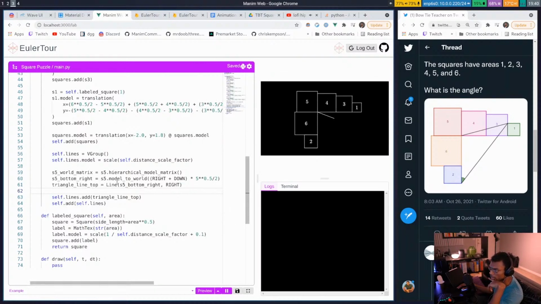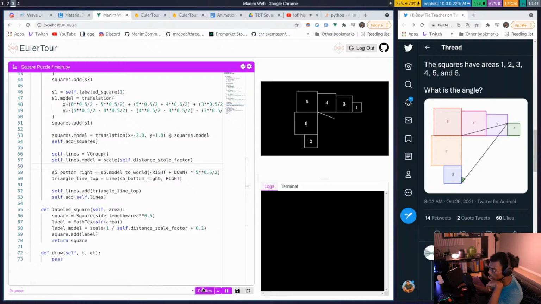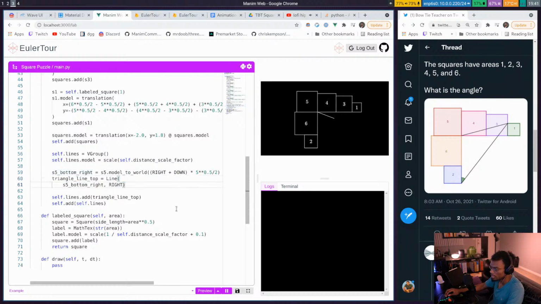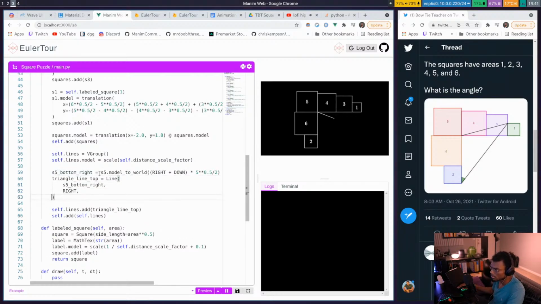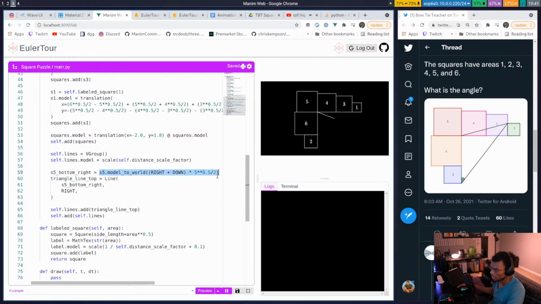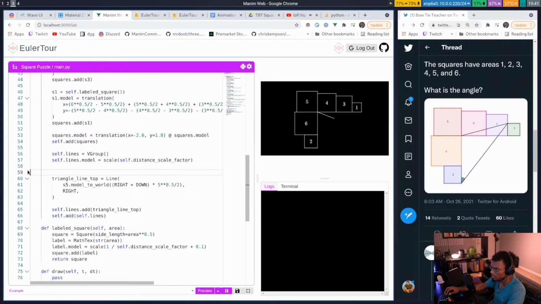Great, that finally worked. No, I don't need this line anymore. So that's nice. Actually, this might be concise enough now that I can just do this. S5.model to world of that.